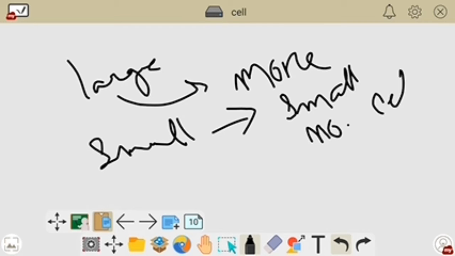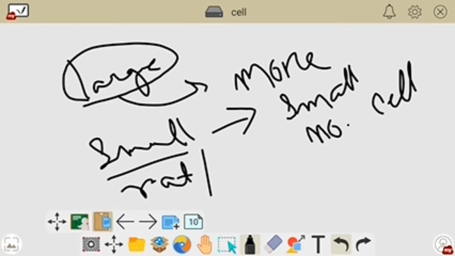For example, a small animal like a rat or a mosquito has only a few cells, and large animals like an elephant or an ostrich have many cells. Understood? The number of cells depends on the size.